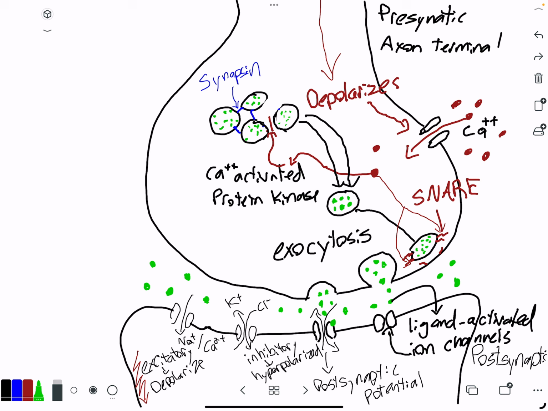And this could be done in three major ways. First, we might have a reuptake protein in the presynaptic cell. So we'll write these things up here. Neurotransmitter removal from the synaptic cleft.